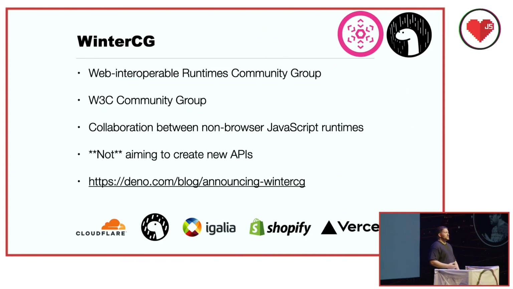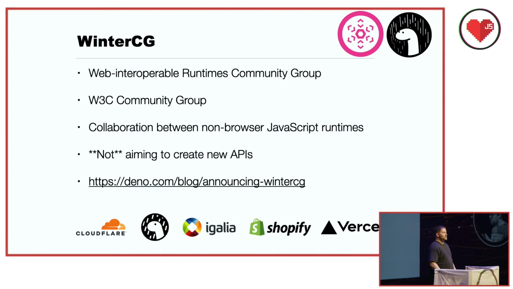So this group is not aiming to create a bunch of new APIs, but to give a voice to server-side runtimes at the table where all this discussion about specifications happens. Historically, servers have been kind of a second-class citizen.